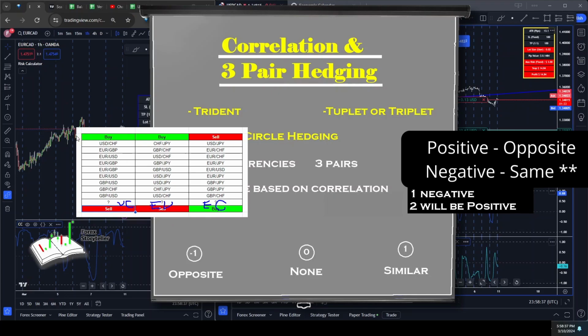Now keep in mind, this is not an exhaustive list. There could be 40, 50, 3,000 different combinations of pairs. Because now you start to include majors, minors. You could also do this with commodities and indexes because of movement value and movement distance that we talked about in the previous videos.